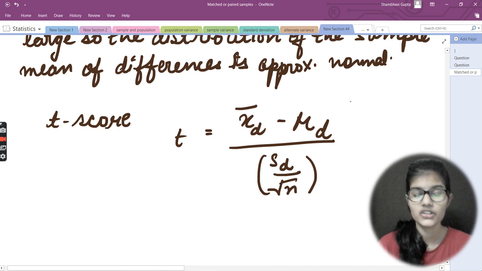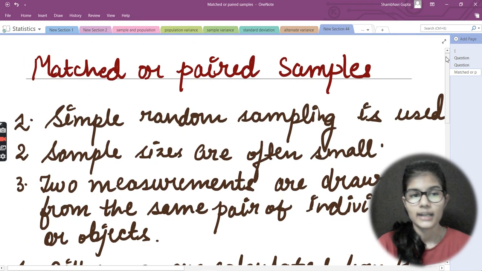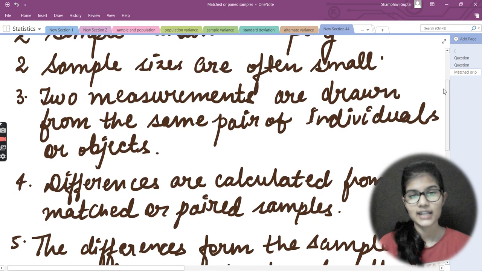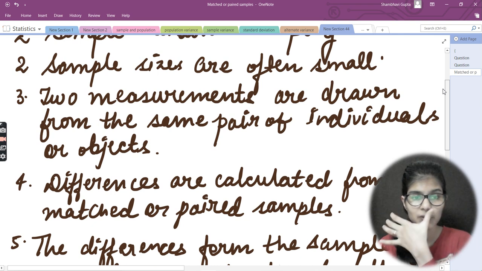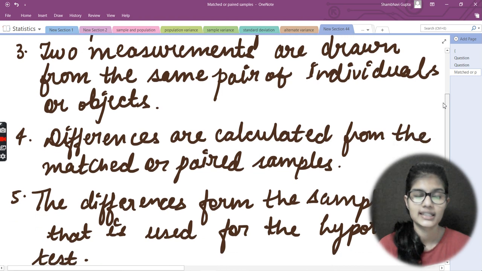Okay, just one second. Let me go above once again. Yeah, this is the idea regarding the matched or paired samples. Here, simple random sampling is used in matched or paired samples. Sample sizes are often small. The two measurements are drawn from the same pair of individuals or objects.